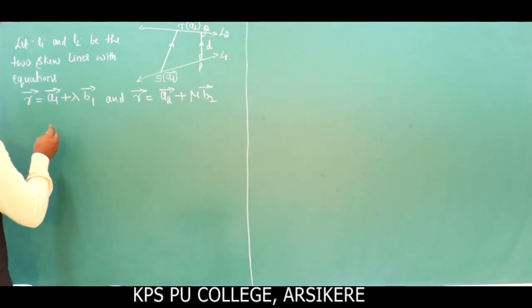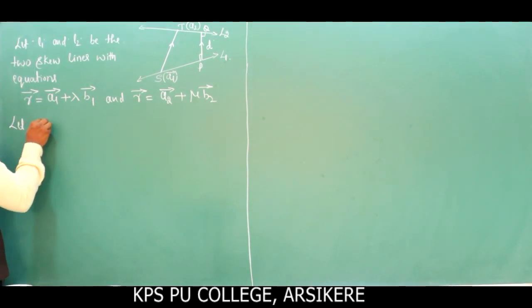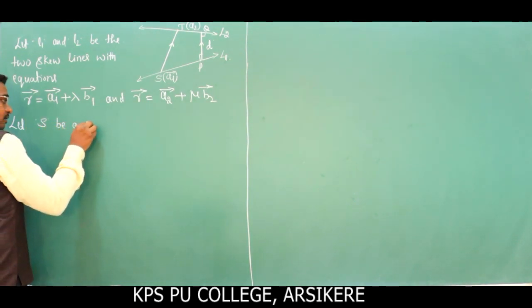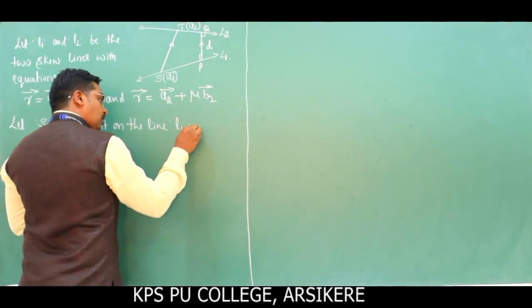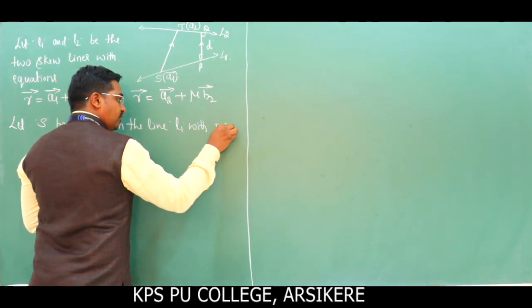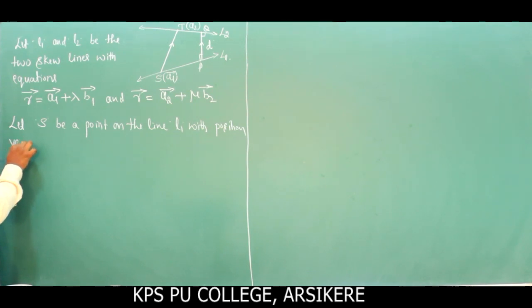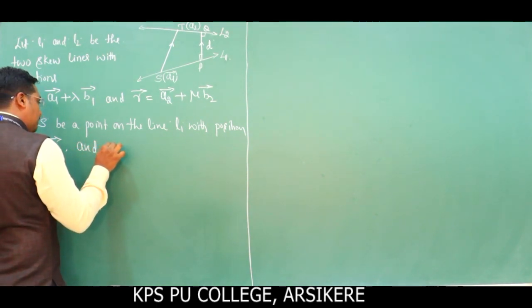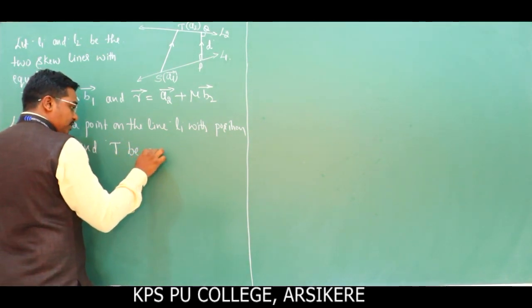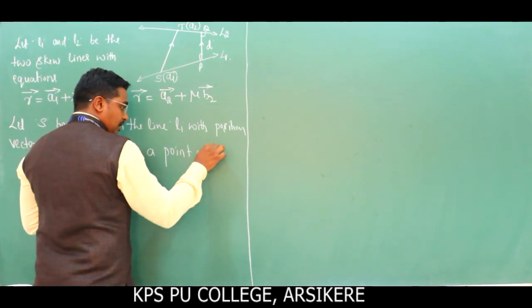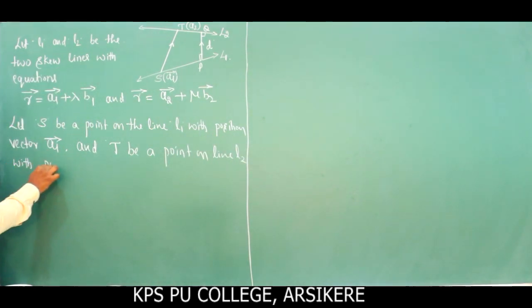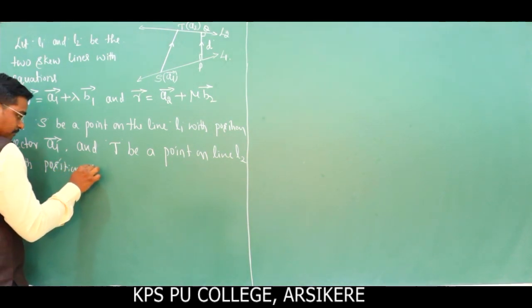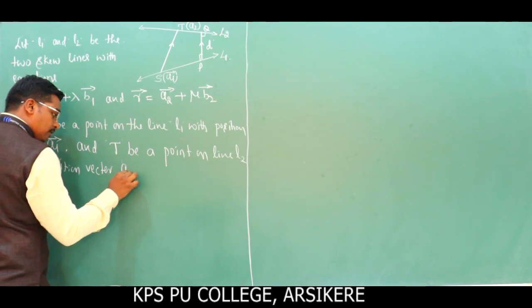Then let S be a point on the line L1 with position vector A1, and T be a point on line L2 with the position vector A2.